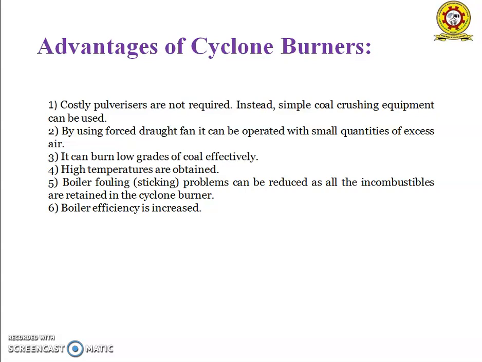Nearly 85% of the ash in the coal is burned in the form of liquid slag. The ash can be removed in molten form. The slag can be used as a building material. The fly ash problem is reduced much more.